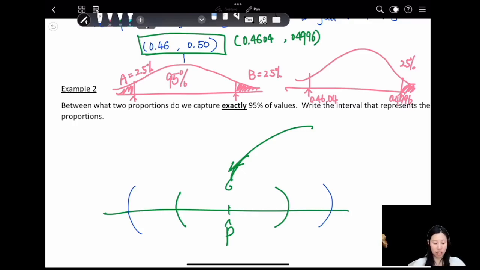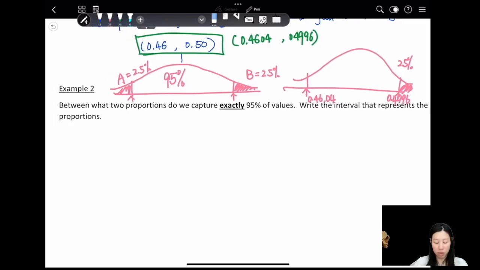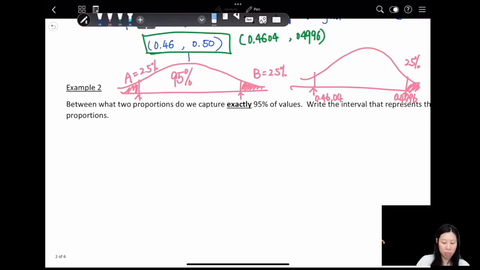That's how you understand the confidence interval. Now let's do a couple more exercises. Between what two proportions do we capture exactly 95% of the values? Write the interval.